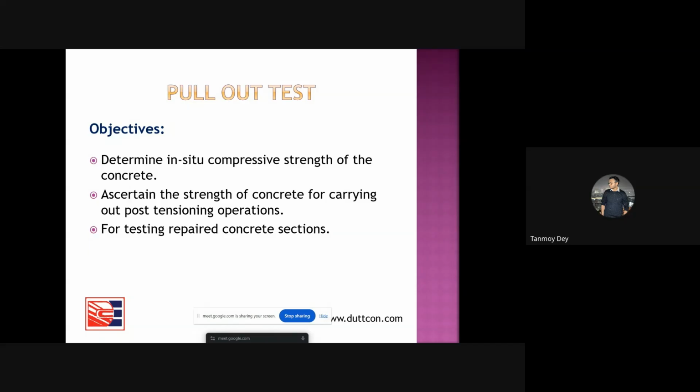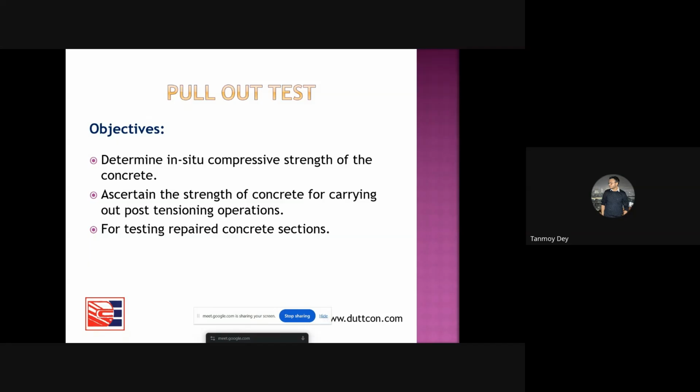So if the cover is more than 100, then only you can cut it. Otherwise, the drill will cut the rebar. It will be more dangerous. That's why before core cutting, we have to find out the cover depth. Accordingly, we have to choose how much diameter of core cutting is to be chosen.